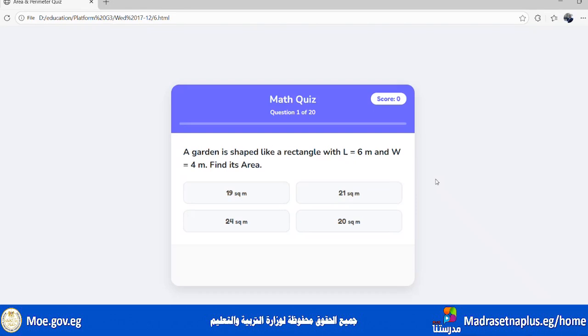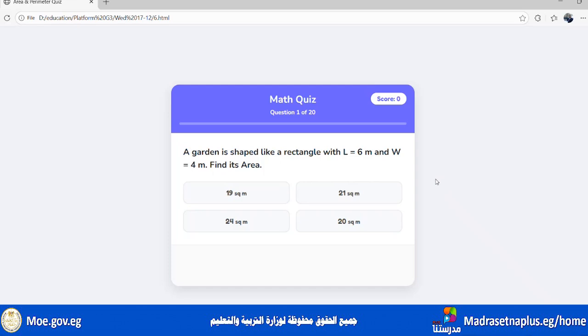Now let's get some life situations in our lesson. This situation depends on area and the perimeter. This garden is shaped like what? It looks like a rectangle, a rectangular shape. A rectangle has 2 dimensions, length and width.